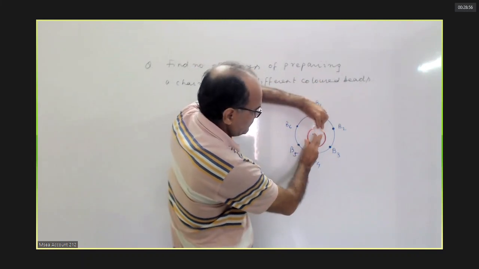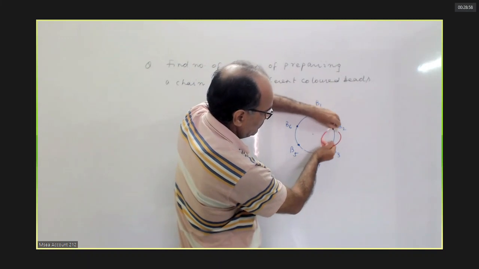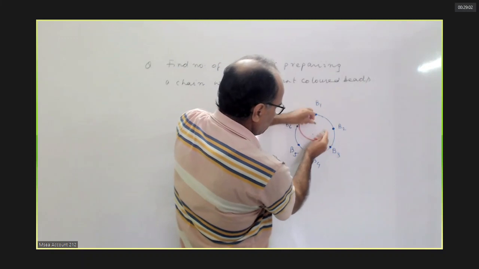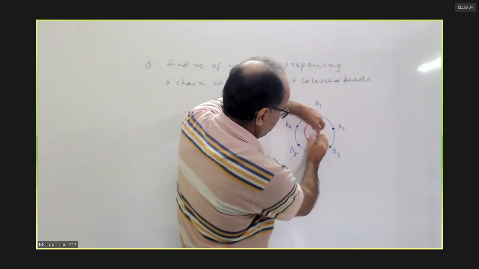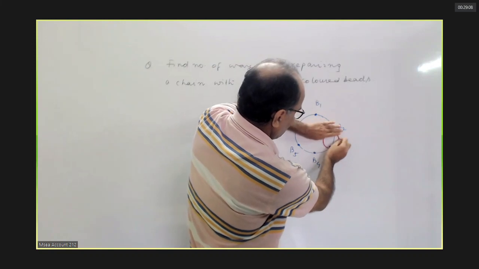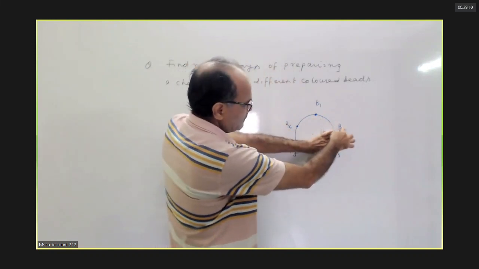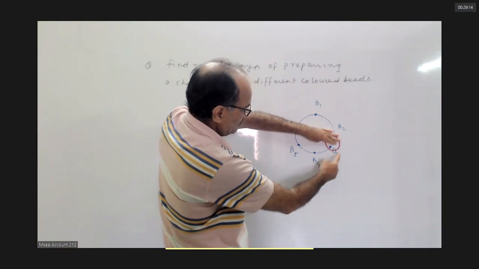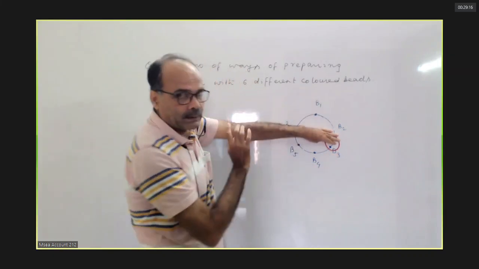And if you just flip it in this way, right now it is like this, and if you flip it, then B6 becomes B2, B5 becomes B3. B1 remains the same.